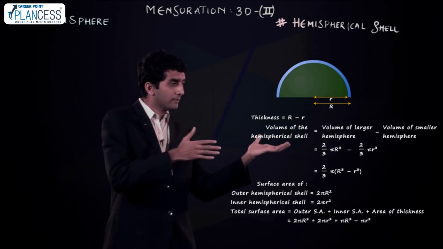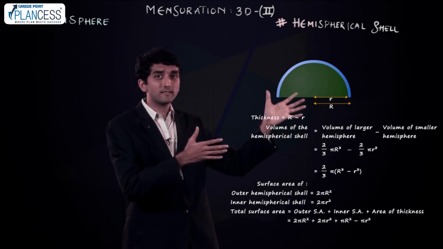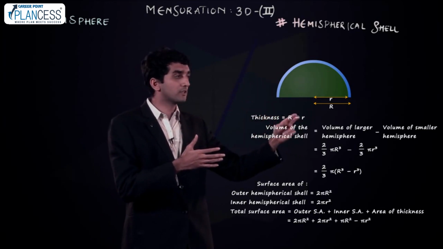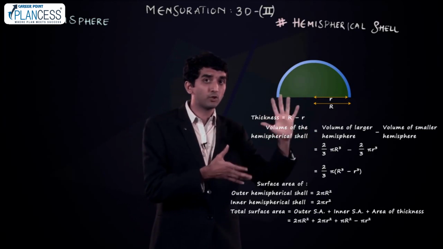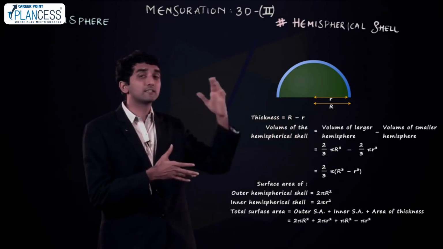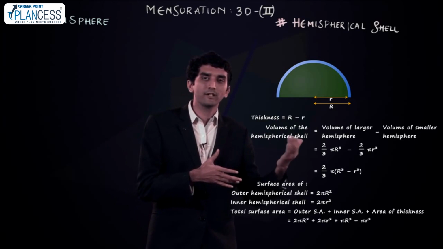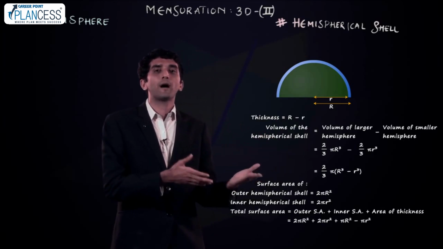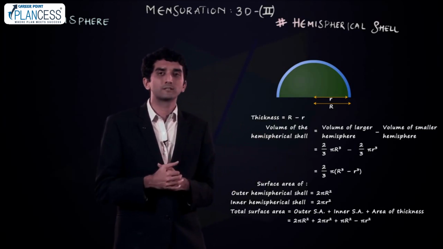Reason being, if you have a look at that base, it is a larger circle minus the smaller circle. So when you talk about the area of that base, it's the area of the larger circle minus the area of the smaller circle, and hence pi capital R square minus pi small r square.